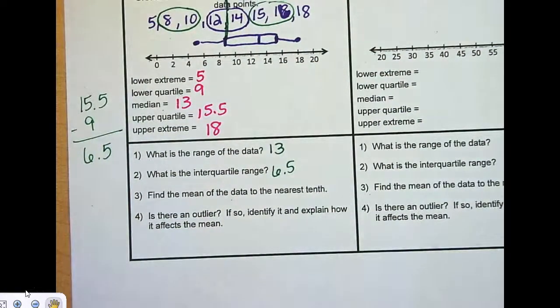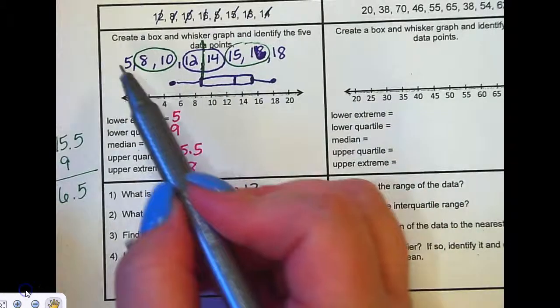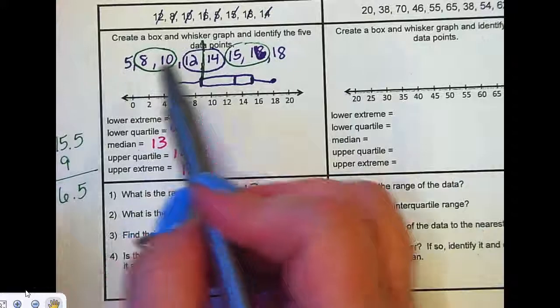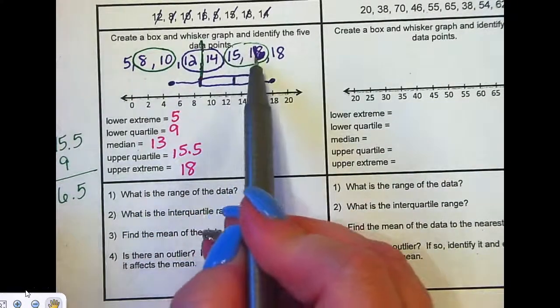Find the mean of the data to the nearest tenth. How do we find the mean? By how many there are. Okay, if you don't have your calculator, you may get it. And we're going to find the mean of this data. So we're going to add these numbers up. And what are we going to divide by? 1, 2, 3, 4, 5, 6, 7, 8.